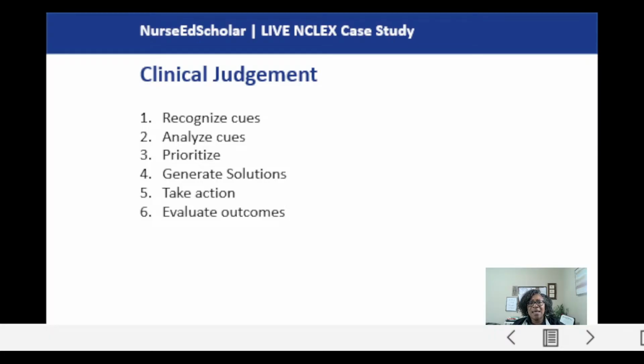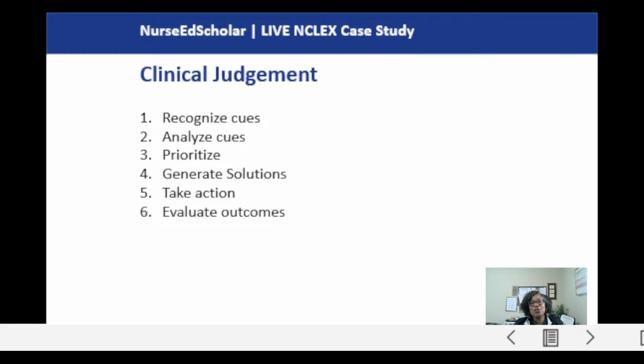What happens a lot of times with students is that you get the recognizing, knowing that something is actually wrong. And once something is done, you have to evaluate it. You have to say, hey, the interventions that I performed on the patient, did they really work?